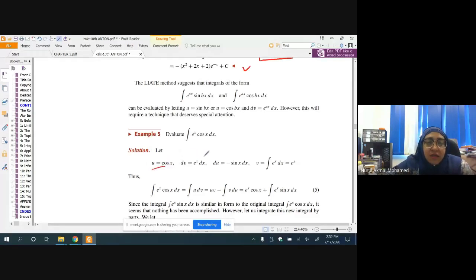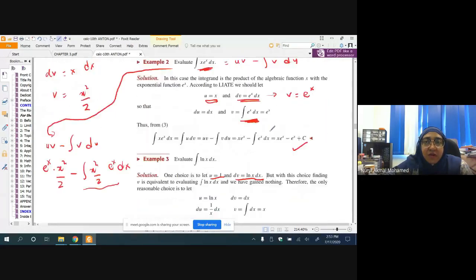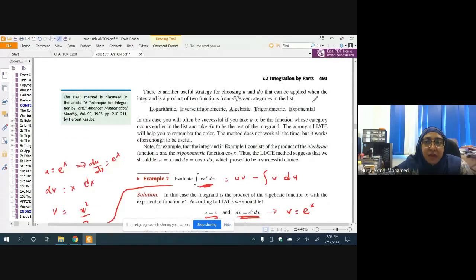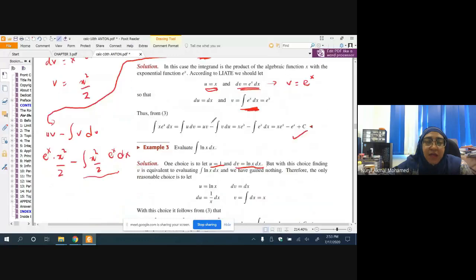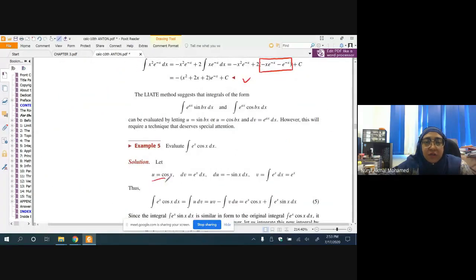Because it comes before the exponent, you apply u equal to cos x instead of e^x. So dv is equal to e^x dx.